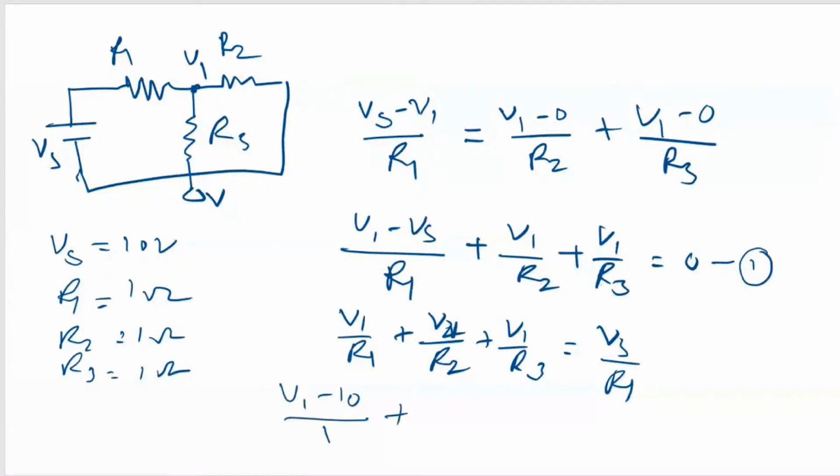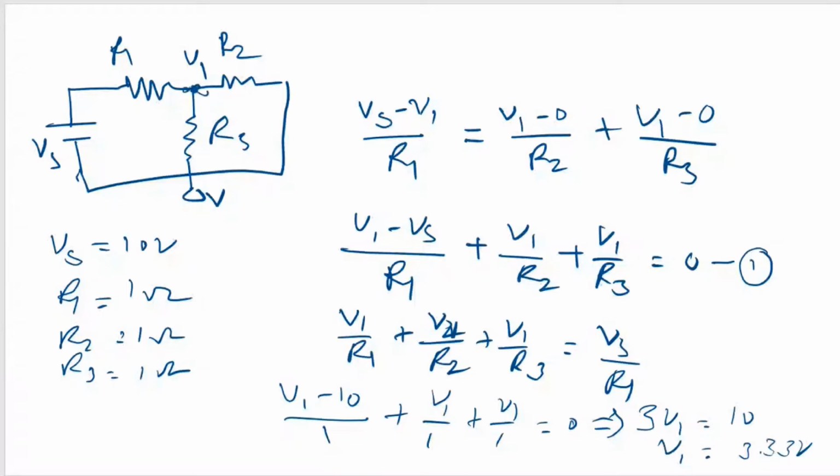So 3V1 is equal to 10, and V1 is equal to 3.33 volts.